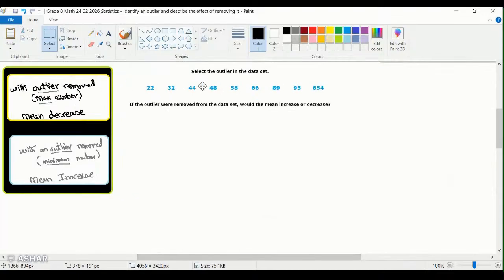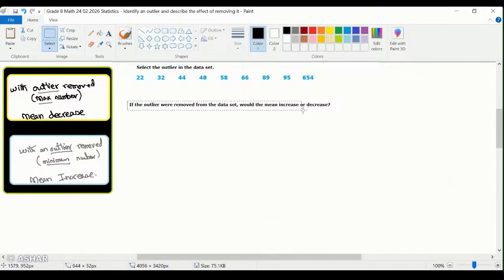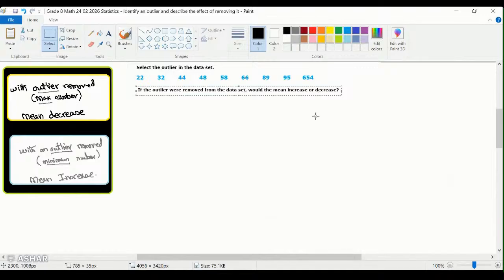In question number 5, it says select an outlier in the data set such that these were the given values. If the outlier is removed, would the mean increase or would the mean decrease? Decrease, okay. So if this is our question number 5, the first thing we need to do is find the outlier.